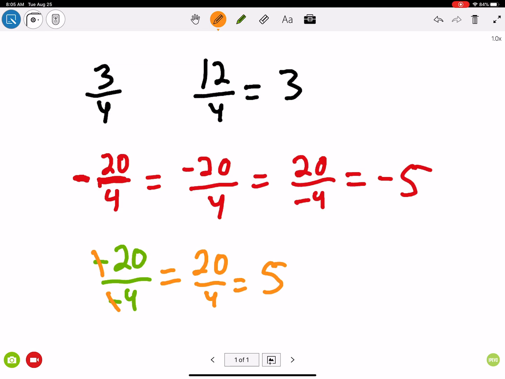If you don't see the difference here, talk to me. But hopefully you can see the difference where here we only have one negative symbol in the fraction, and here we had two negative symbols. So I want you to really look at that and let that kind of soak in.